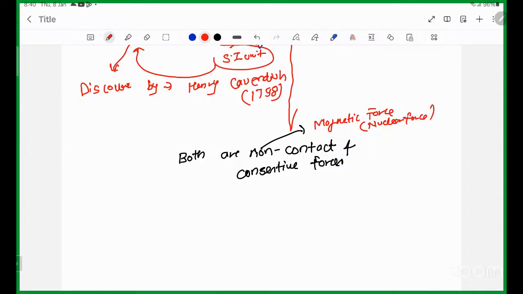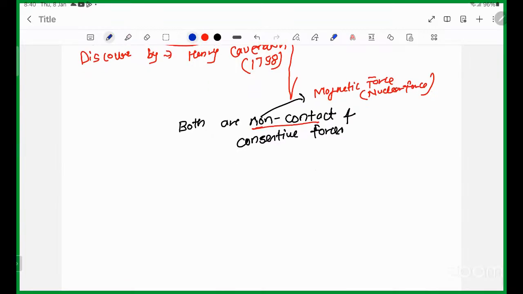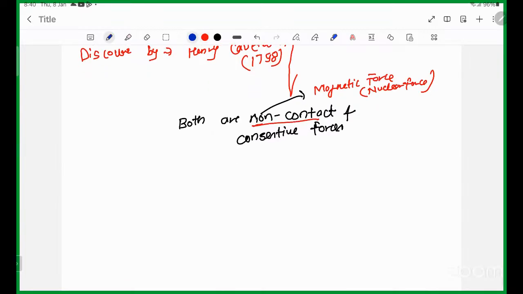These are some types of forces which come under non-contact. And the work done is also independent of path.